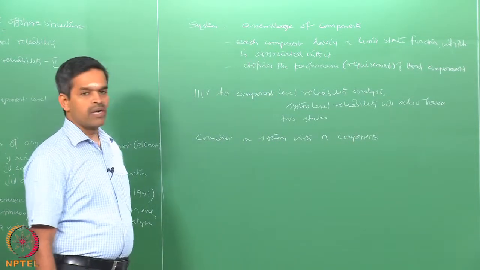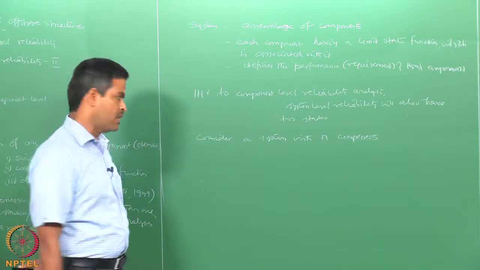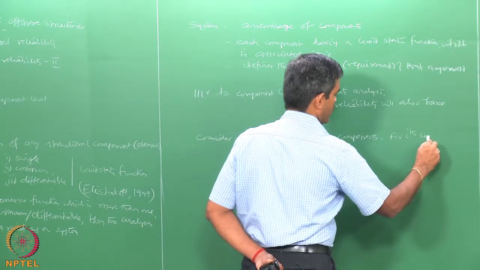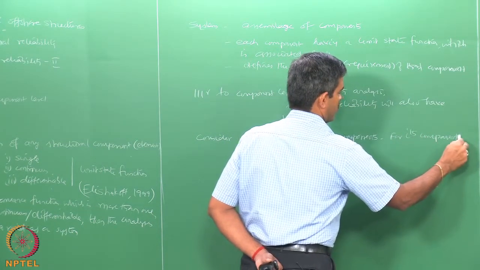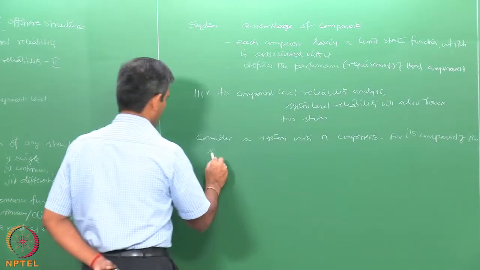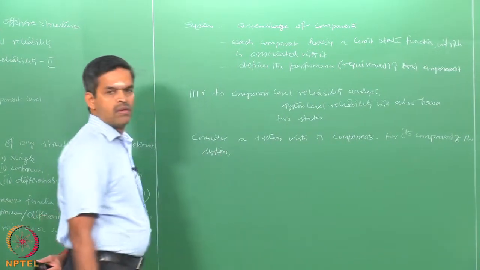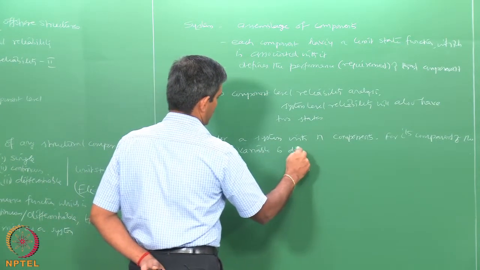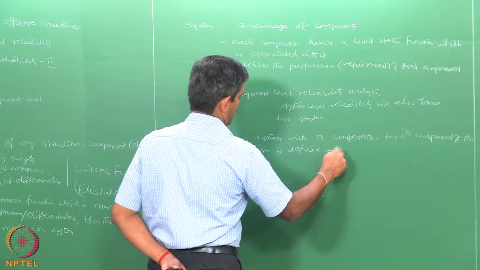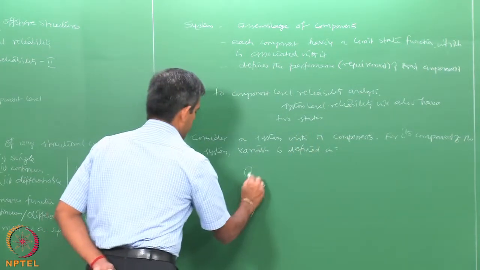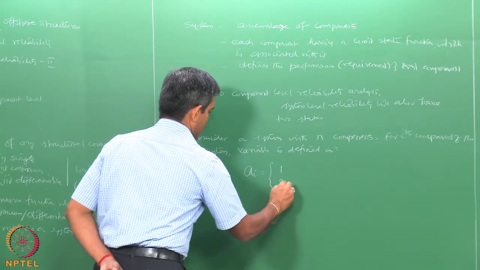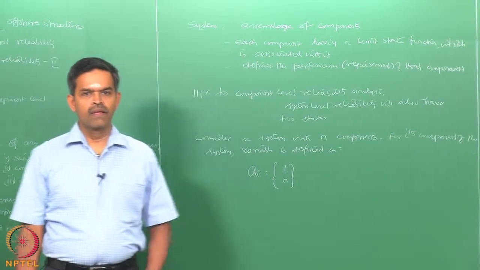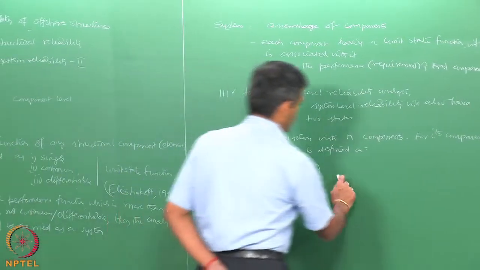Now, for an ith component, let us define a variable A_i, which can have only two states, either fail or safe. Okay. Let us call this equation number 1.